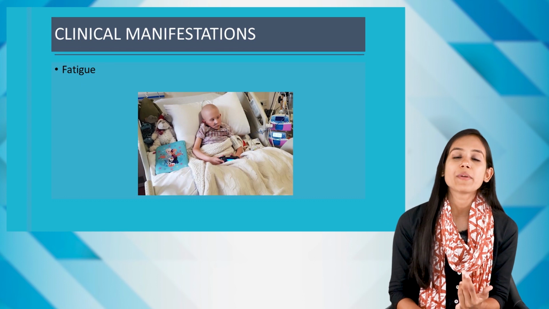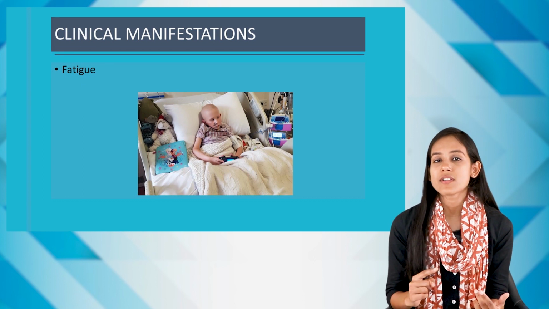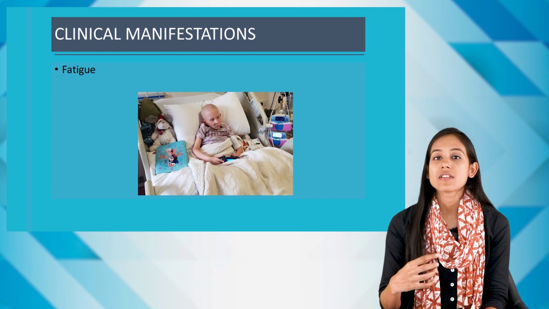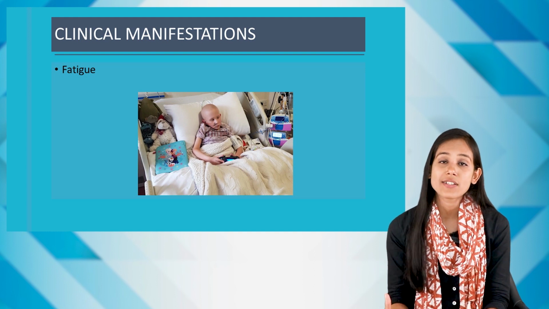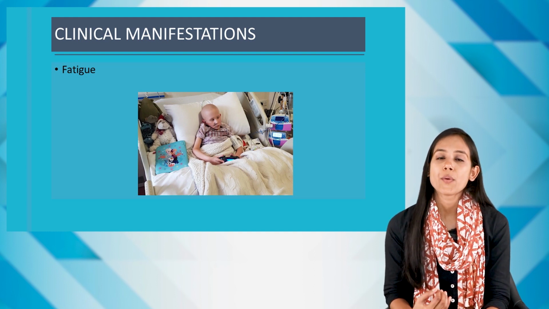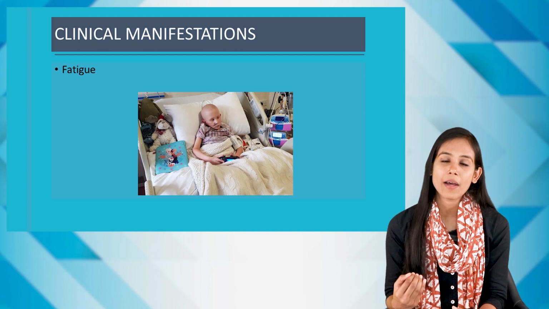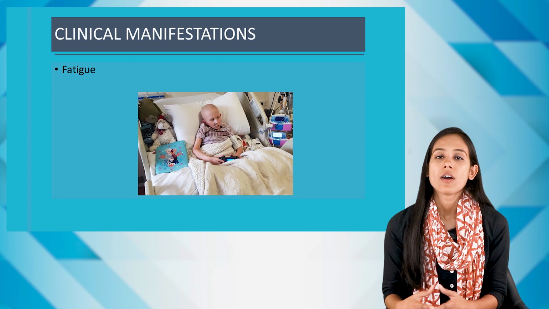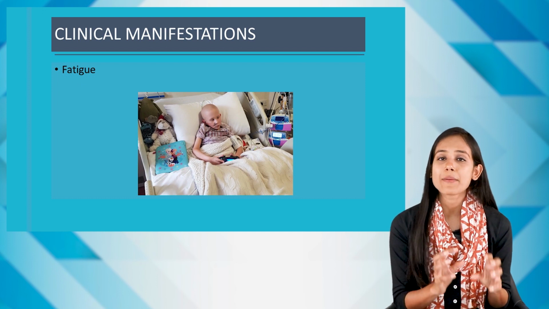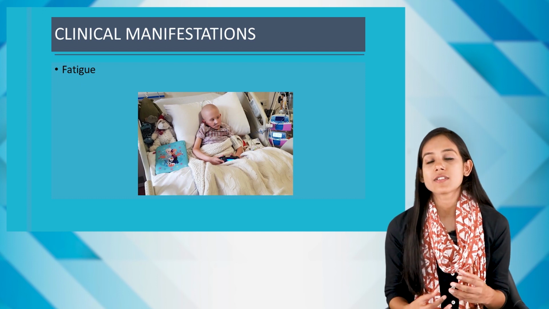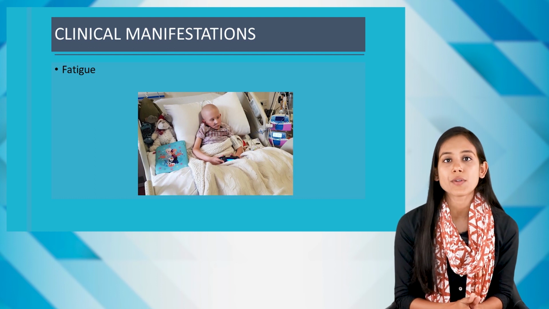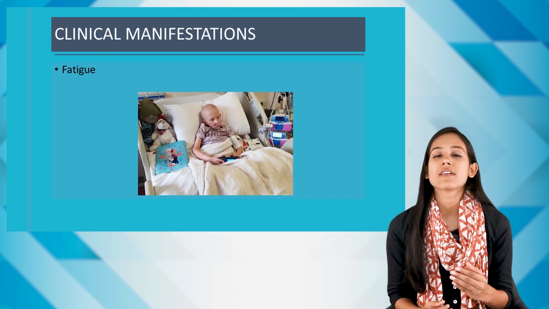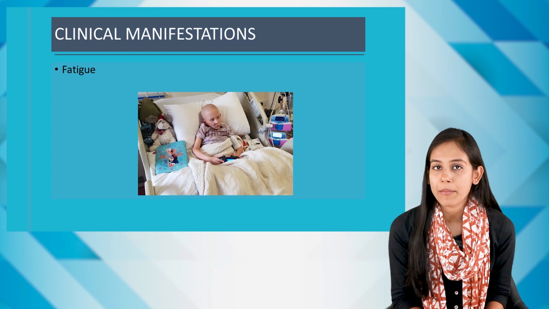The second thing would be fatigue. Again, what is the reason behind fatigue? Because the child would have less oxygen, right? Now, when there is an increase in the number of WBCs or platelets, and the RBCs are less, or even if the RBCs get affected, you can think that the RBCs would be increased in number, right?